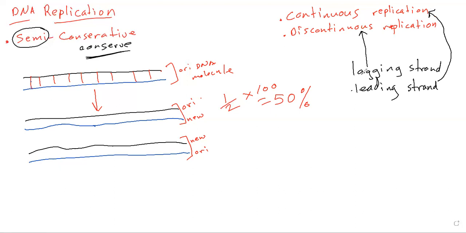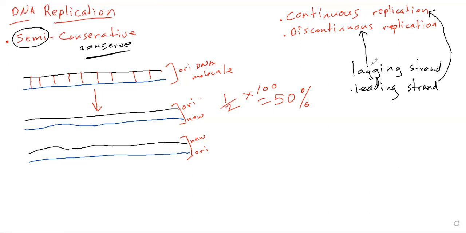So if you're asked to explain continuous replication, they are telling you to explain how the leading strand is replicated. If they ask you to explain discontinuous replication, they are asking you to explain how the lagging strand is replicated.